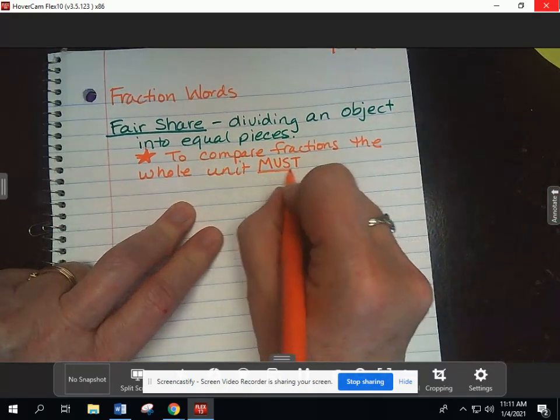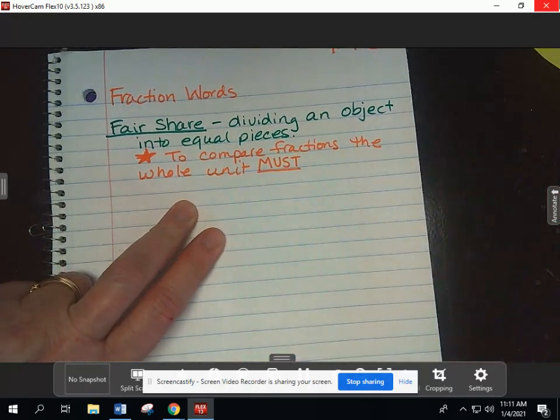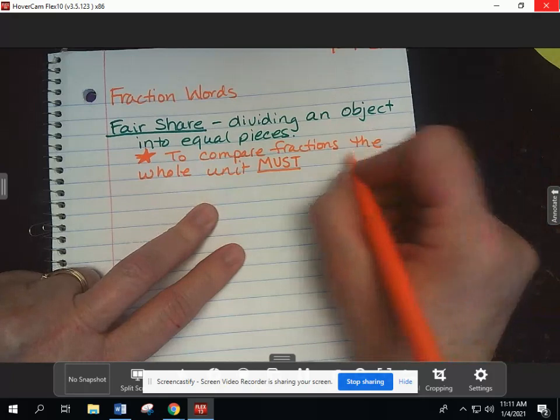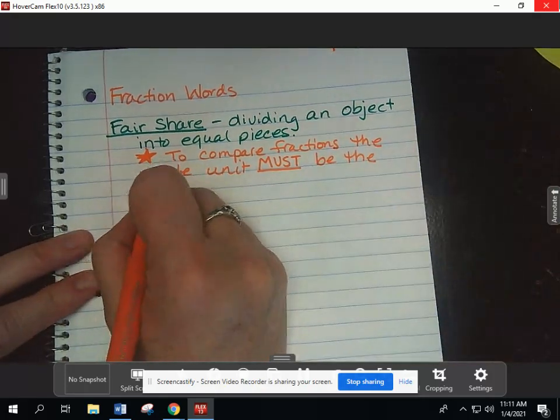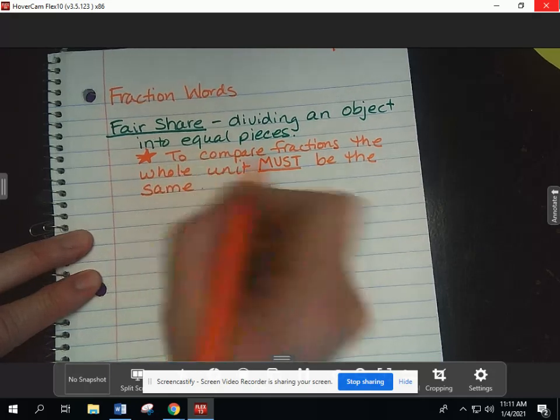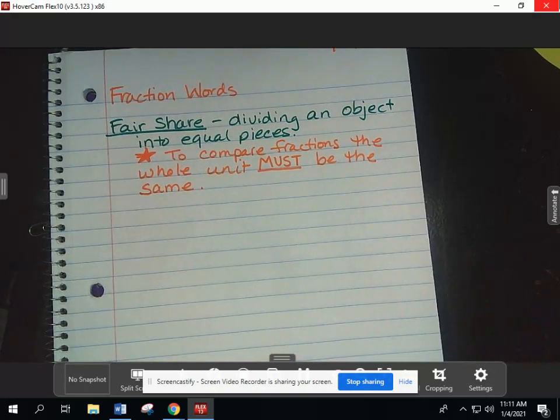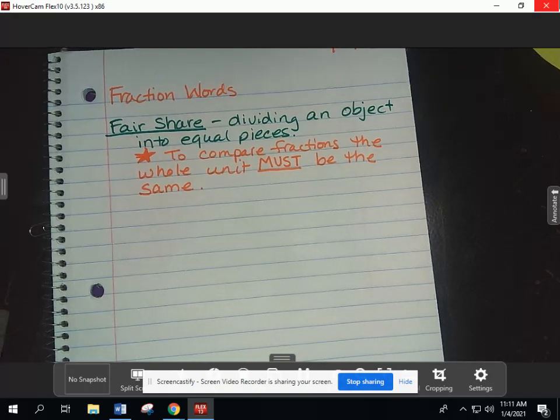Okay, so I notice I put this in capital letters even. The whole unit must be the same. So whatever you're doing, it's got to be the same. Now, Jacob talked about time. And if you're dividing up time, it has to be the same.